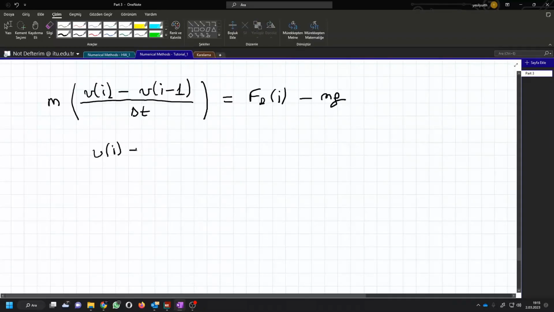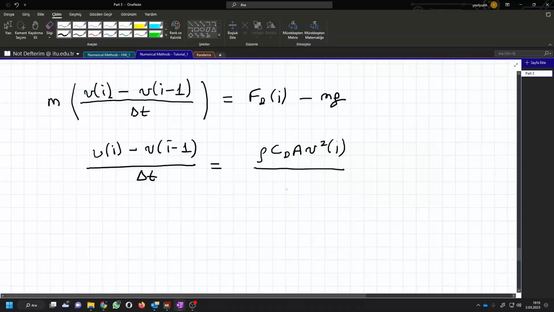Vi minus Vi minus 1 over dt will be equal to, I will also put the explicit value of this force, rho times Cd times A times V square of i over 2m minus g.